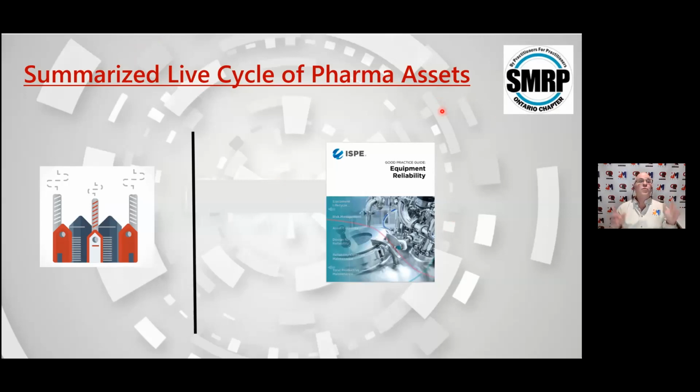So let's summarize a life cycle of pharma assets. I like the way that ISPE, the International Society of Pharmaceutical Engineers, which I'm a member of, presents the life cycle. They just summarize it in 3 steps.